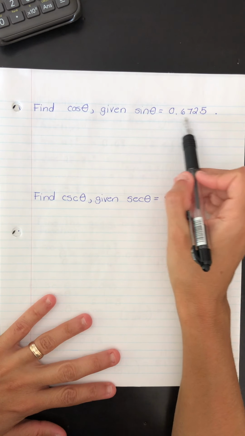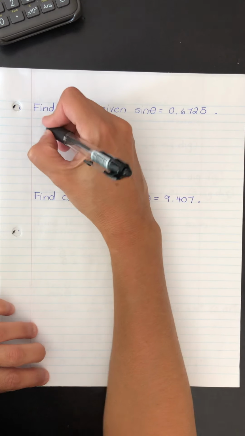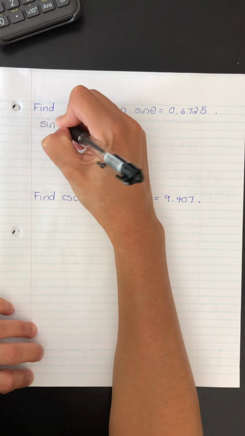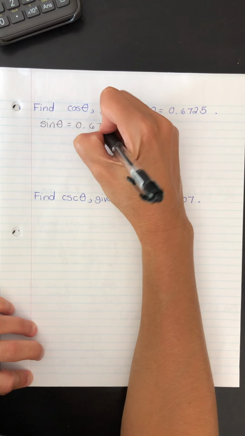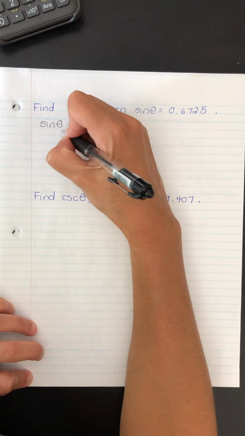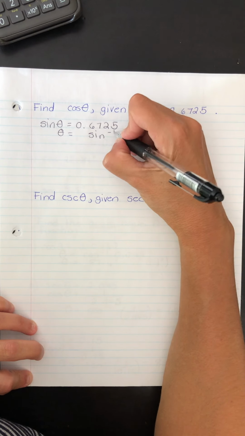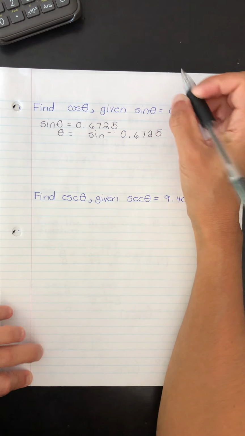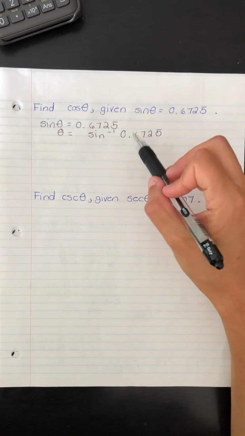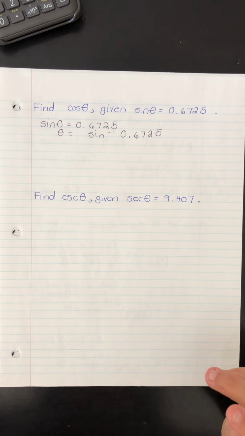We start with the fact that we know the sine of the angle. So if we know the sine of the angle, we should be able to figure out the angle. The angle will be the sine inverse of 0.6725. Notice we're not doing any 1 over business, and that's because sine is on your calculators, right?